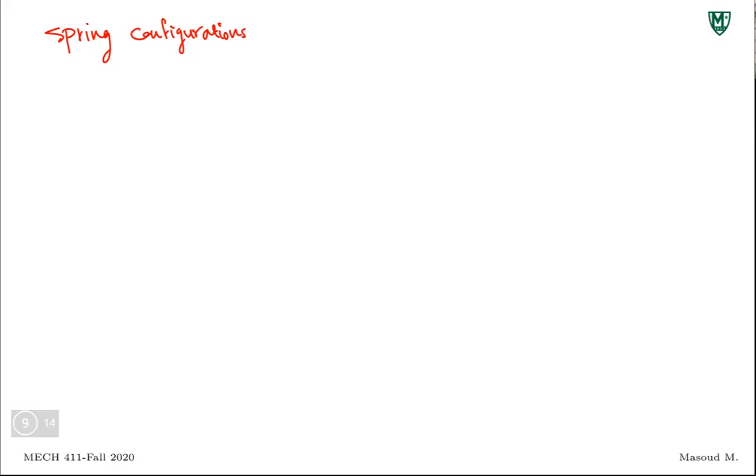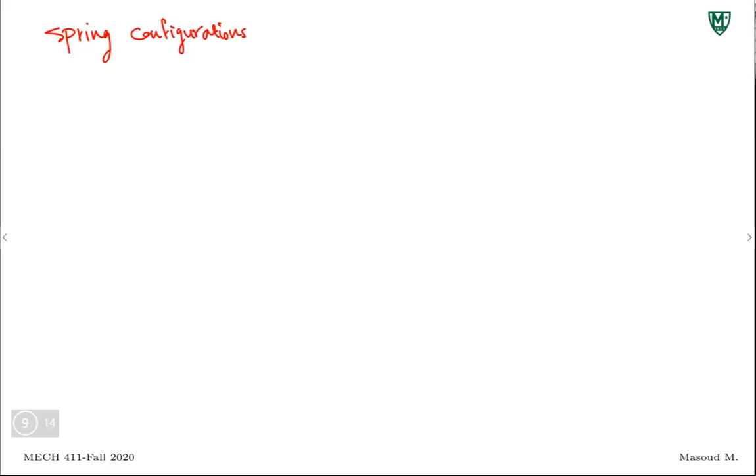So we say springs can be in series or in parallel. I don't get into detail of how we can derive these, but what I'm going to give you is the equivalent, as they call it, for these configurations. But springs can be either in series or in parallel.